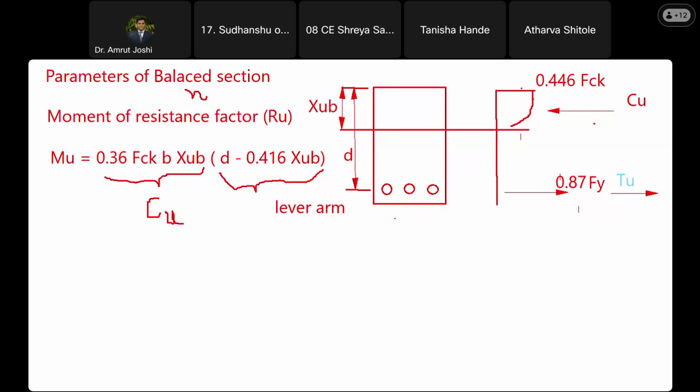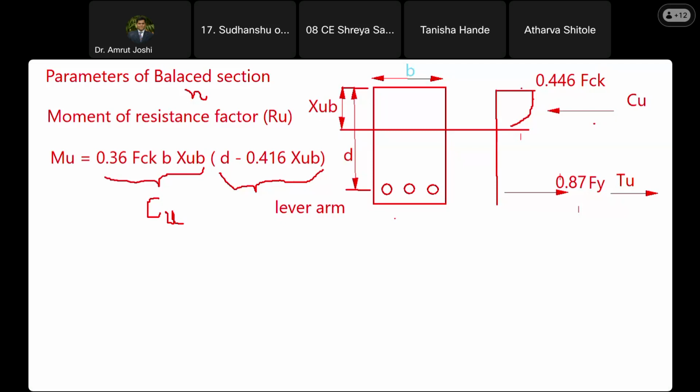So let me also draw b here. Let me call this b. Okay. So 0.36 fck b xub is the value of Cu.